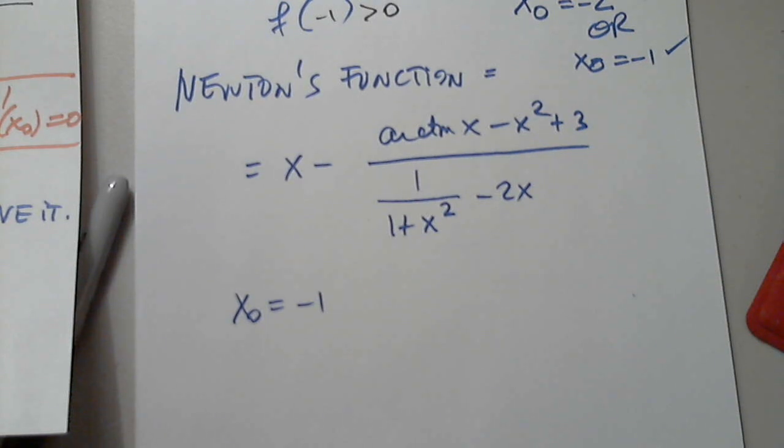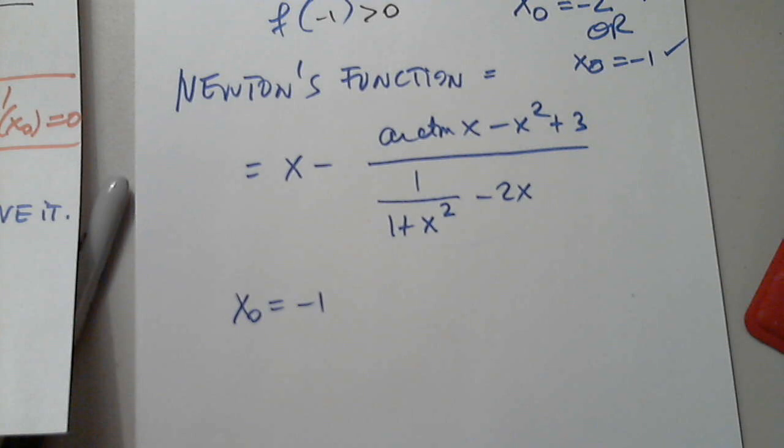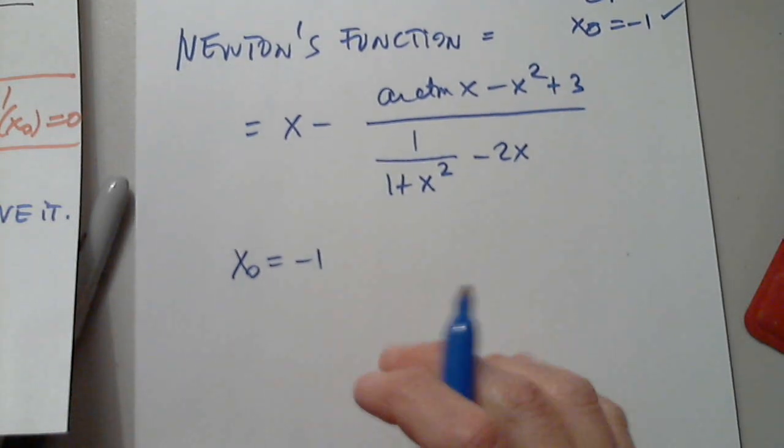Okay, so we decided to plug in -1 in Newton's function. What does it do? -1 minus f of -1 over f prime of -1. I get an answer. Can anyone tell us what is this number and what does it represent? What did we just determine? We started with x sub 0, which is -1.